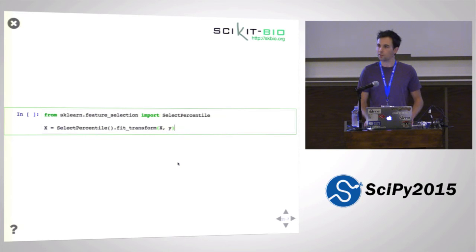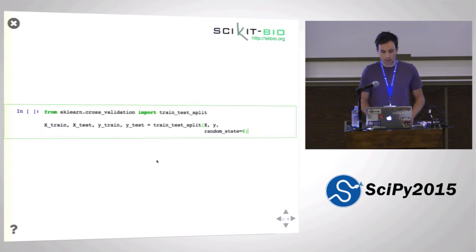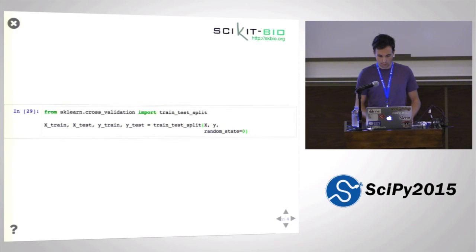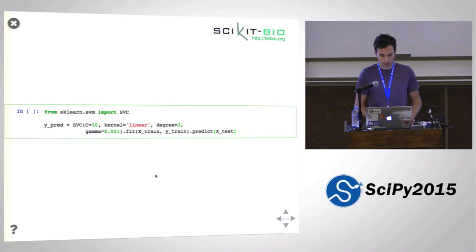We're going to do feature selection to throw out features or words that aren't informative, and then take our data set and split it into a training data set and a test data set so we can do cross-validation. Finally, we're ready to instantiate an SVC, or a support vector classifier. We'll pass in our training data and see how well it predicts on the test data.